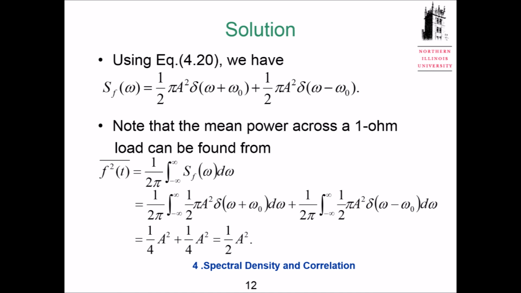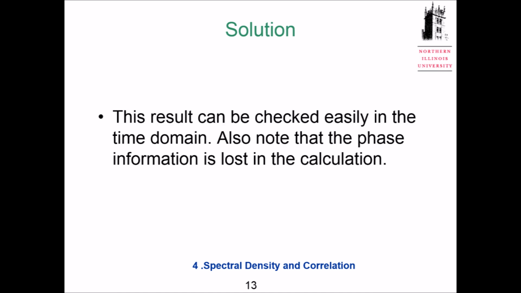Yes. The result can be checked easily in the time domain. You just want to know if I do the time domain calculation, do I still get the same power?